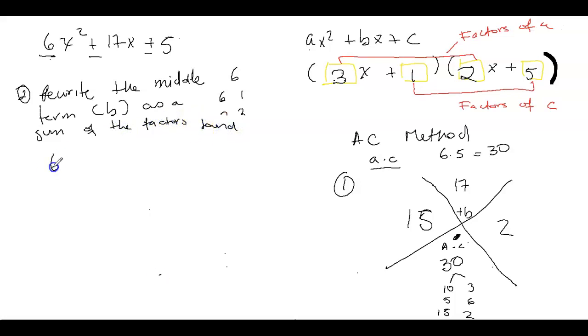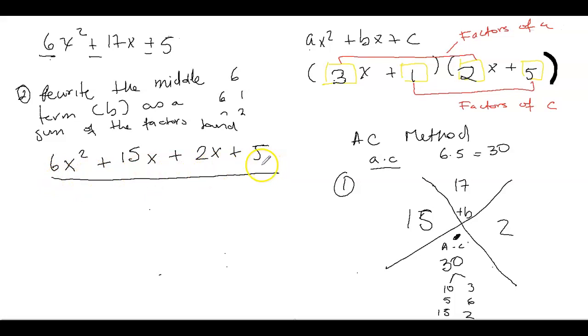So we're going to write this as 6x squared plus 15x plus 2x plus 5. It doesn't matter the order. If you want to put 2x plus 15x plus 5, it doesn't matter. Now I have 4 terms, 1, 2, 3, and 4.